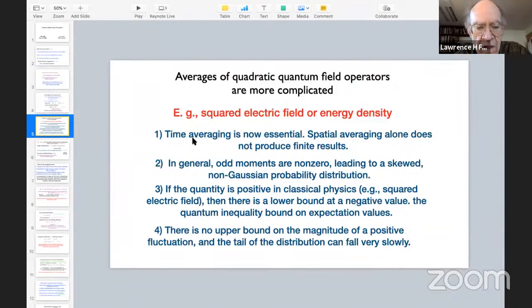But one result is that time averaging is essential. You can and often do want to average in space as well, because the space-time measurement often does involve averaging over space. But if you just took the squared electric field and averaged it just in space, it would not produce finite fluctuations.